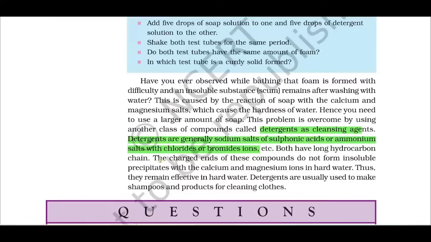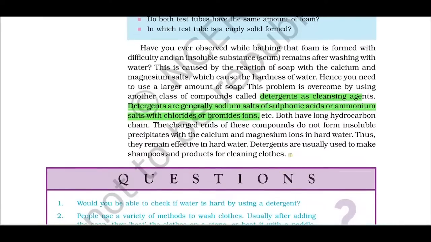The soaps form insoluble substances, that is the salts of magnesium and calcium, whereas the detergent does not form the calcium and magnesium salts. That's why the detergents are very much effective in hard water, because they do not form insoluble scum.